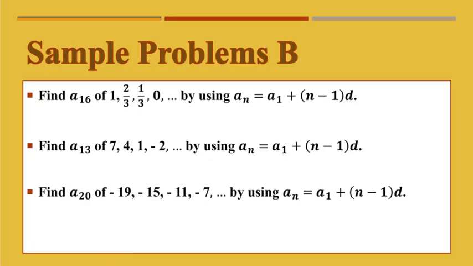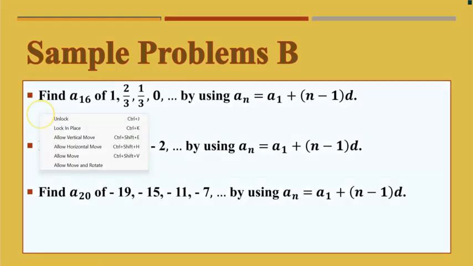Moving on to our next one, here we want to find a specific term. So here we want to find the 16th term using the formula given, and they tell us what the sequence is. So for this one, we need to put the numbers in. The first term is 1, so n is 16. So wherever you see an n, we're going to put 16.